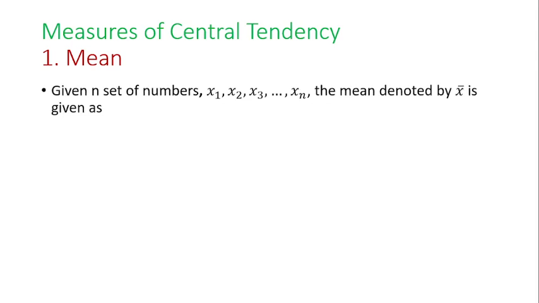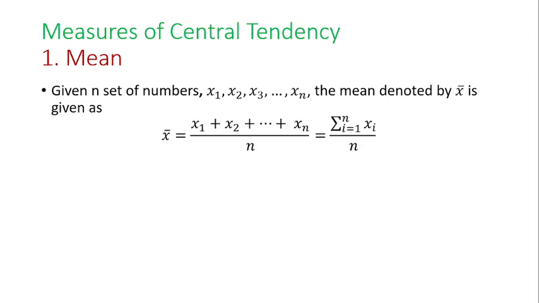If you have a set of n numbers, number 1, number 2 up to number n, those numbers are what we term here as x1, x2 up to xn. Then the mean of that data, denoted by x bar, is given as follows.